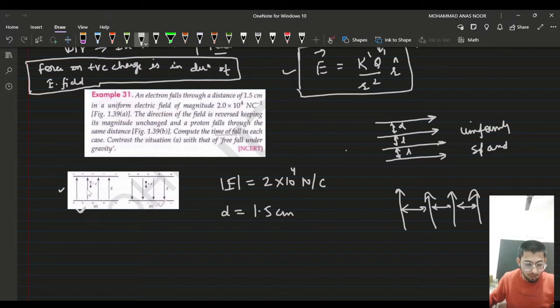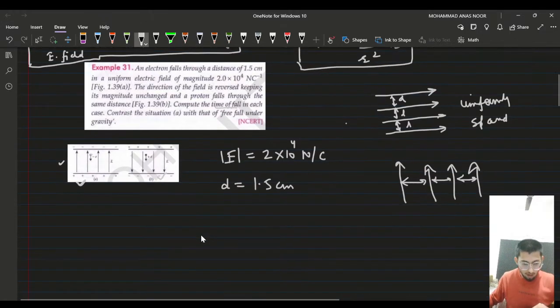Now in this case we want to find the time of fall. Remember, there is no gravitation here. The only thing that exists is the electric field. How will you calculate?